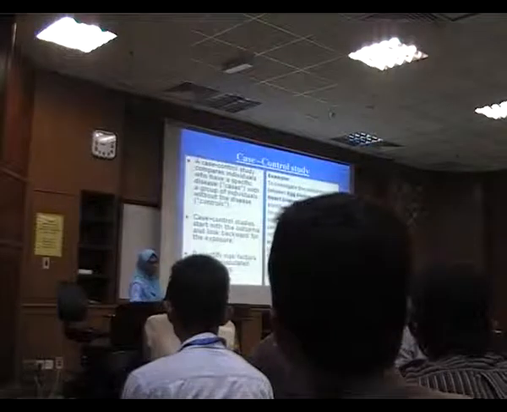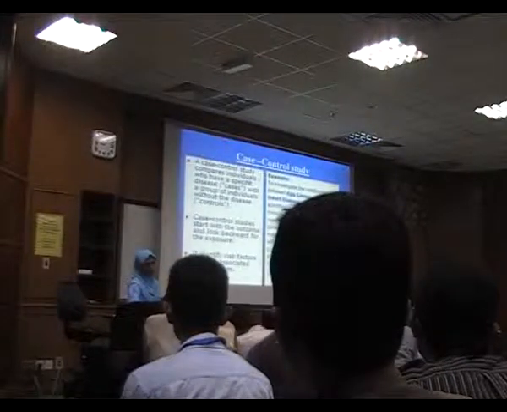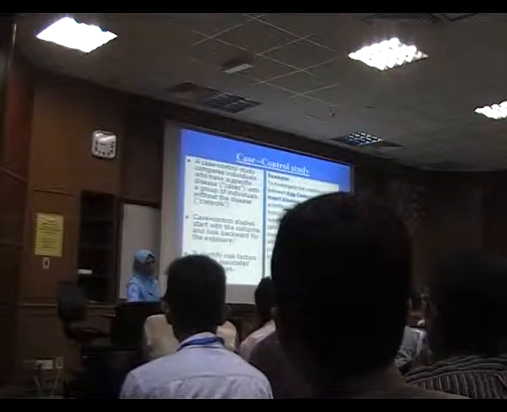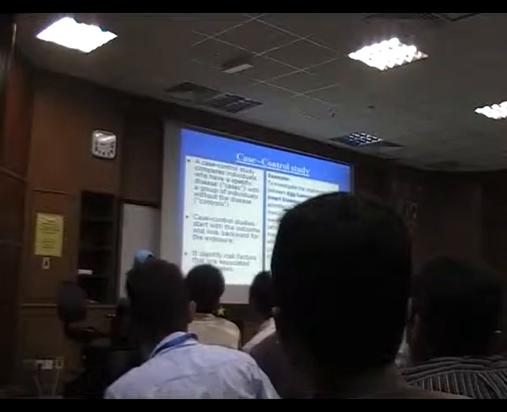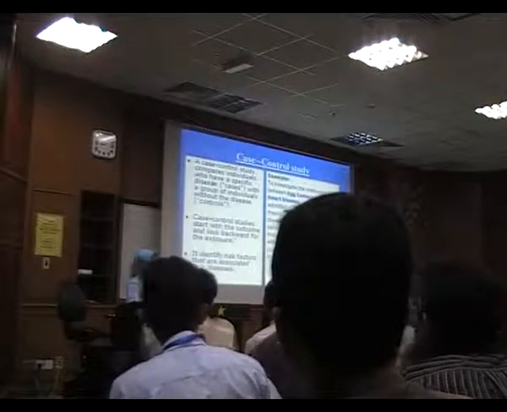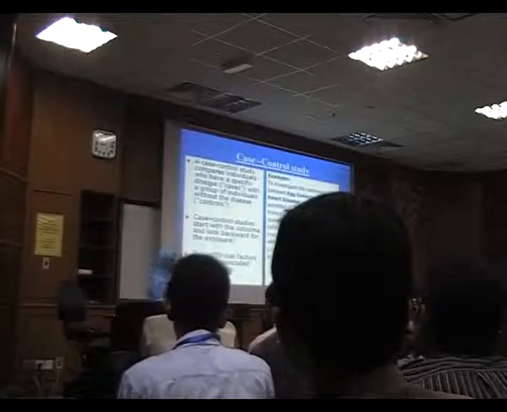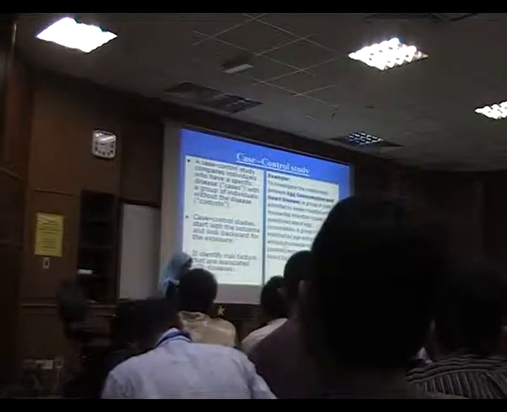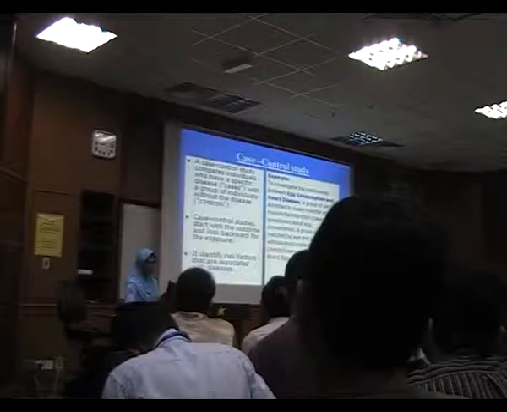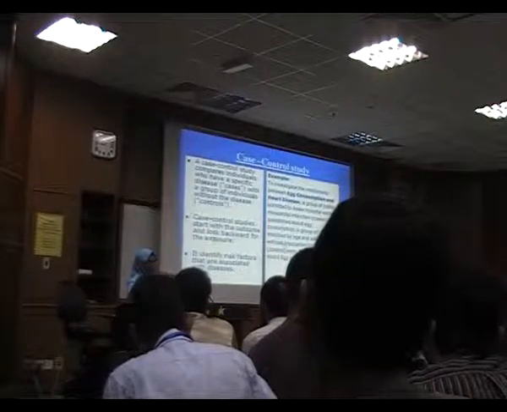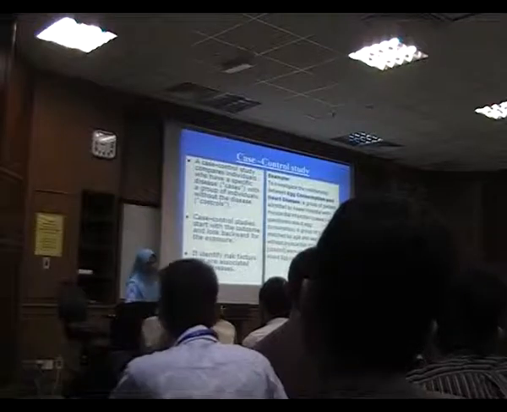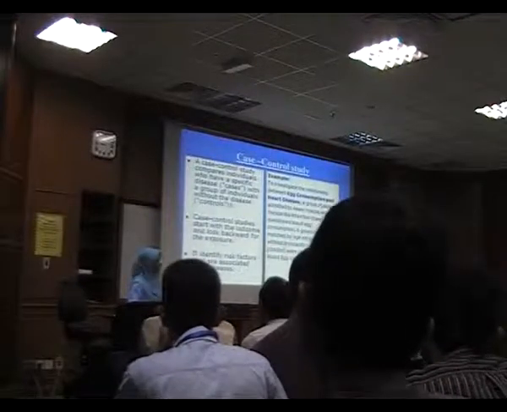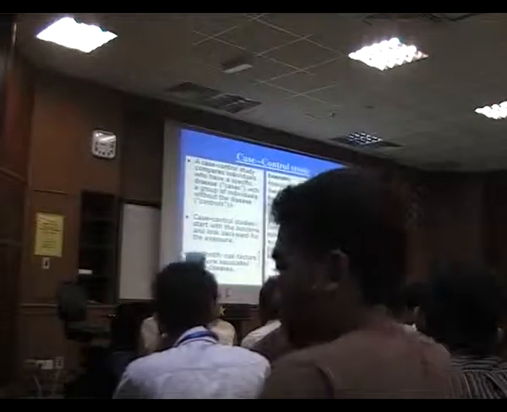Here you can see a case control study compares cases. Who are the cases? Individuals who have a specific disease of interest that you want to study. For instance, lung cancer. They are the cases. Compared with what? With a group of individuals without lung cancer, without the disease of interest.